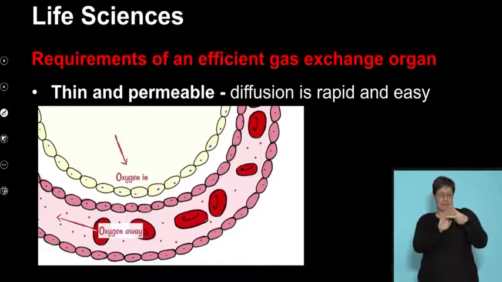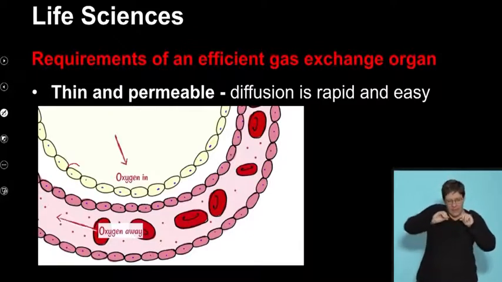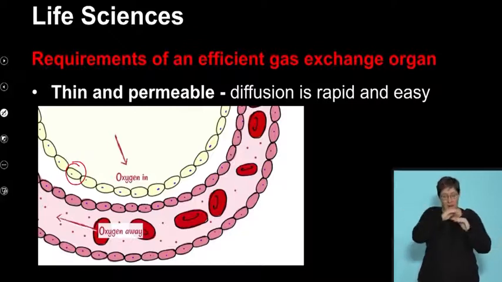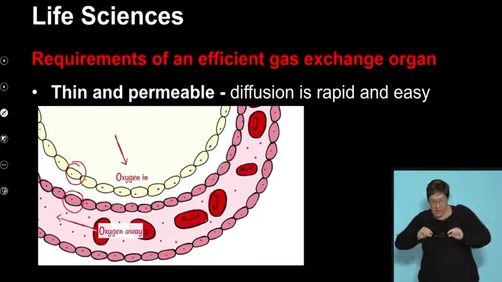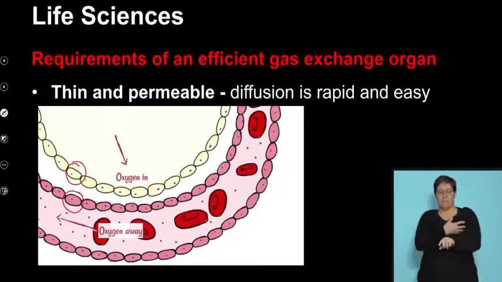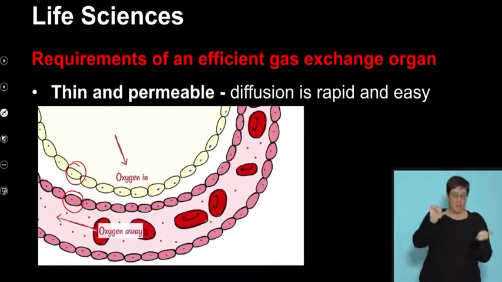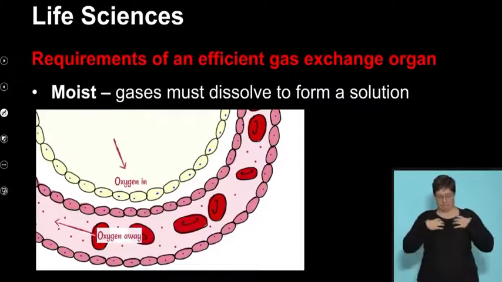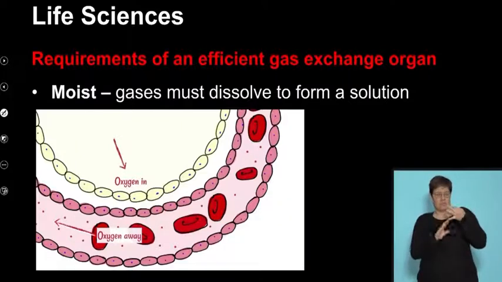Number two, it must be thin and permeable. One layer in the lungs, one layer in the blood vessel. We're going to come back to this when we look particularly at the lungs. Number three, it must be moist.